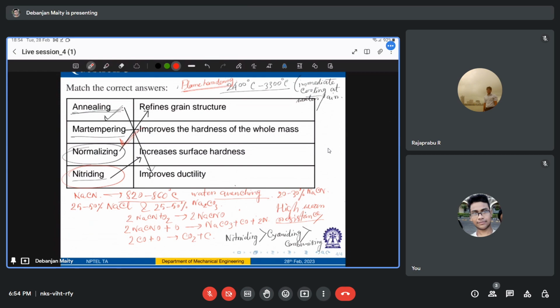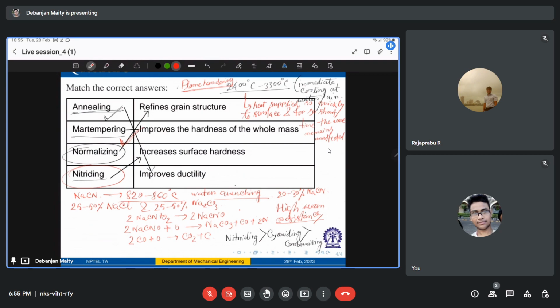The heat is supplied so quickly to the surface, and for so short a time, that it cannot get time to diffuse into the center, and the core remains unaffected. That is the trick. Correct.